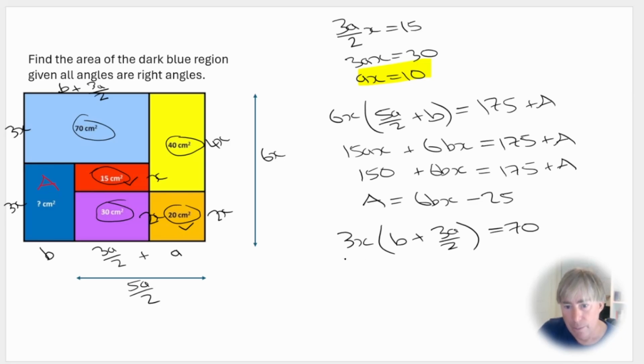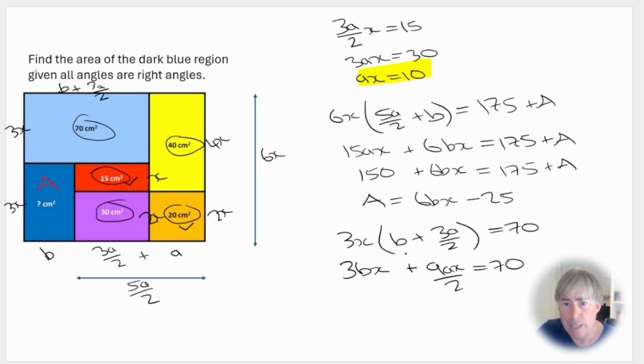Multiplying this out, we end up with 3bx, being consistent with the way we write things, plus 9ax over 2 equals 70. This is looking promising.